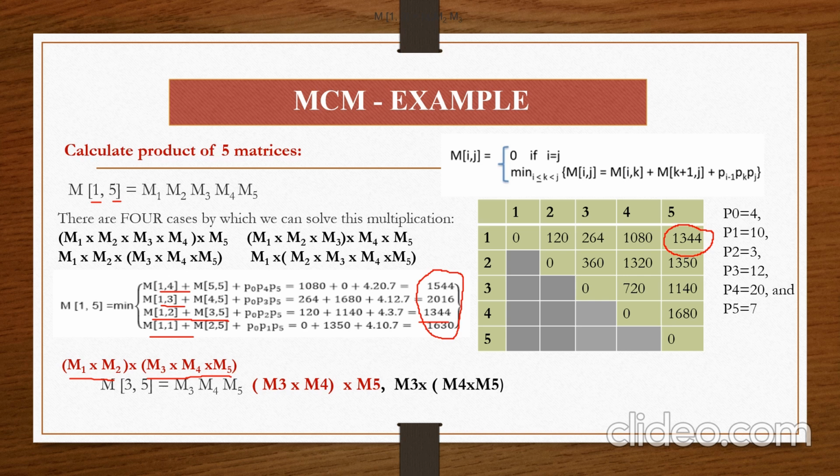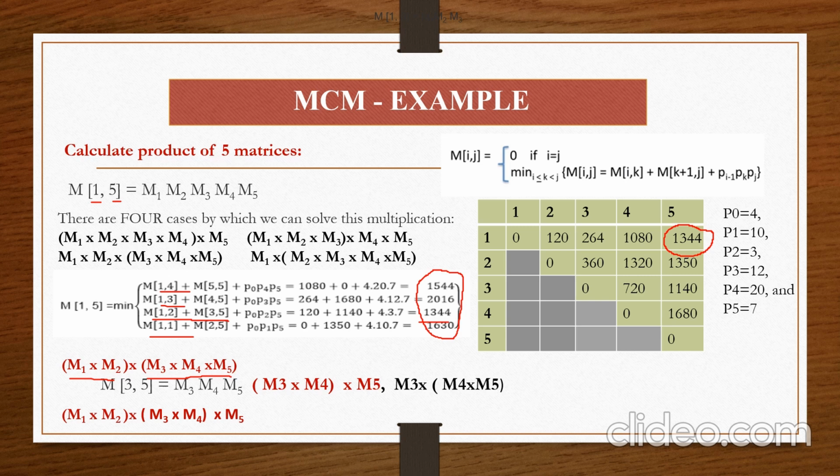So I am using that for this calculation. My final parenthesization is M1 M2 multiplied by M3 M4 multiplied by M5. If I parenthesize the matrices in this way, then the number of scalar multiplications to be done is minimal, and it is 1, 3, 4, 4.